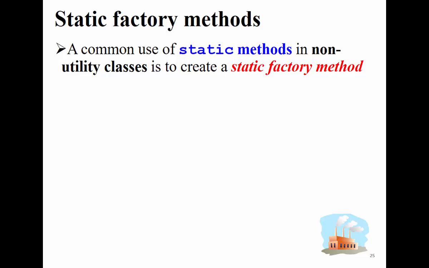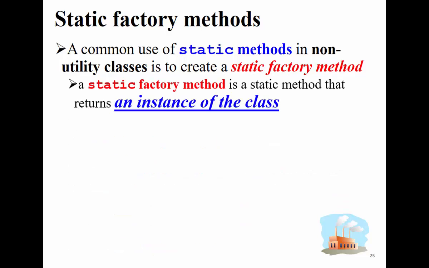The purpose of the factory method is to create an object and ship it back to the client. So whenever you come across factory methods, you are going to see inside the body that you are creating an object and you return an object to the client. So you're not returning any primitive value, you return an object to the client.